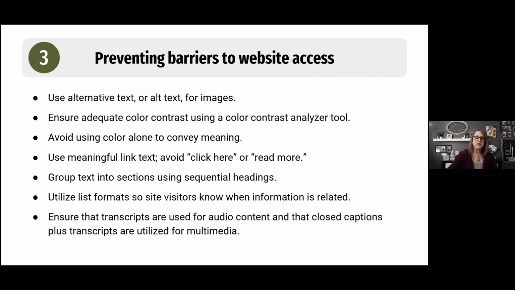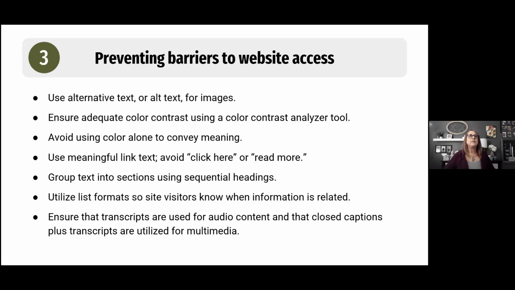So using alternative text for images allows those who can't see the image to know how the image relates to context, how it adds meaning to the different text that's around it. Also, allow color contrast to be properly set based on an analyzer tool, and don't use color alone to convey meaning.